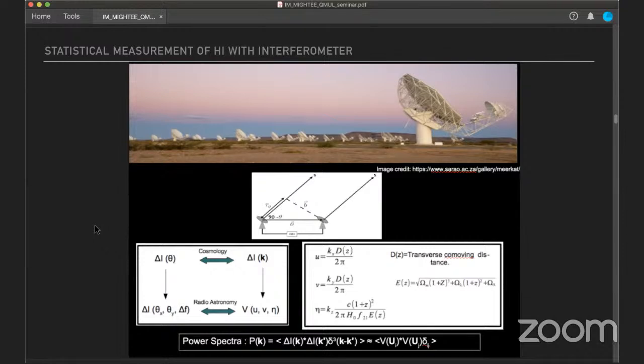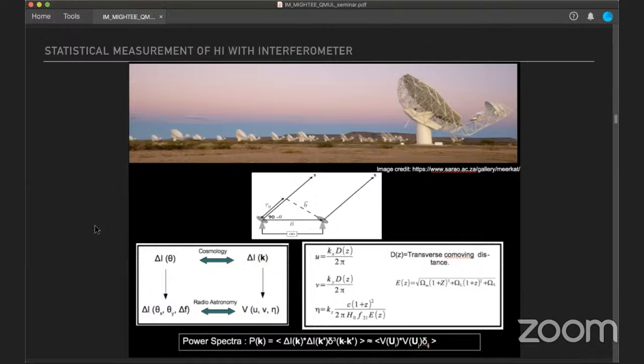Each baseline actually measures the spatial correlation of the electric field from the sky, which is called the visibility. And this visibility is recorded per baseline at each individual frequency in the band that is being used.